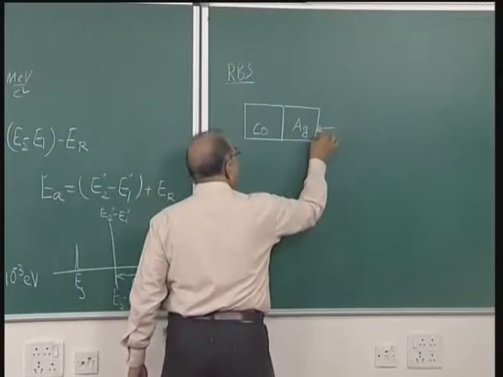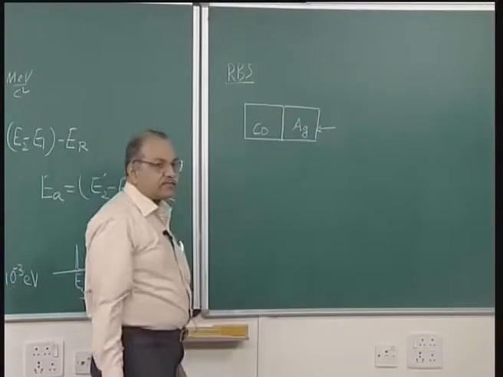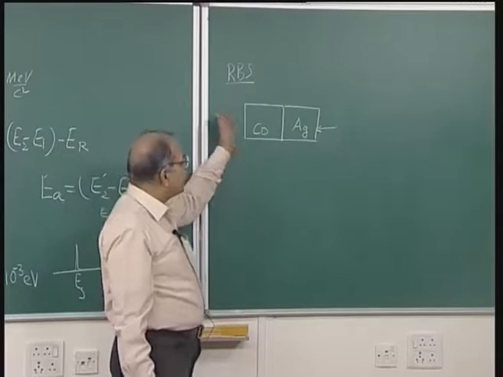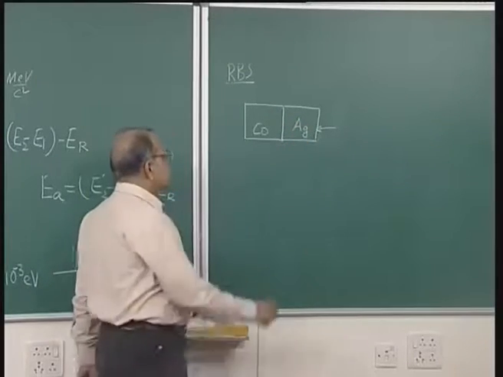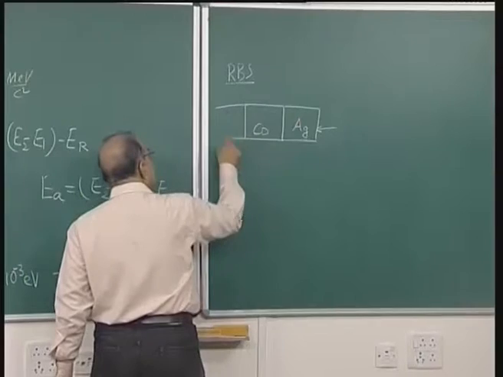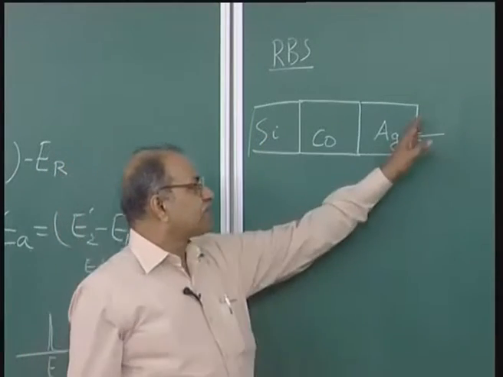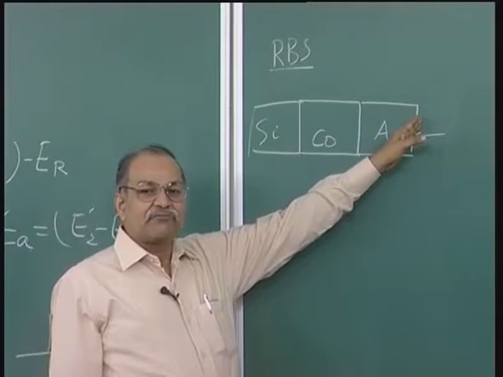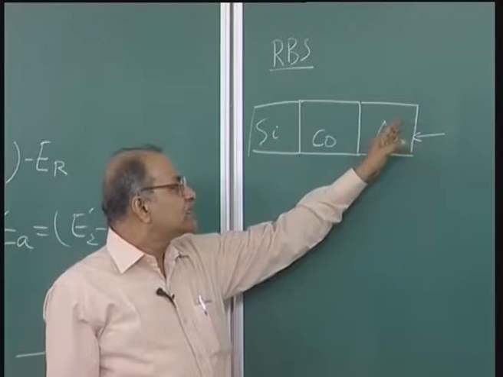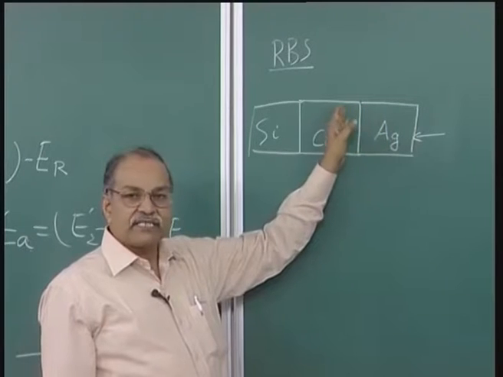And we want to know how much is the thickness here. Suppose on cobalt we have deposited this silver, and this whole thing may be deposited on some other substrate, silicon or so. This is the surface, and from here we want to know how the silver concentration varies with depth.